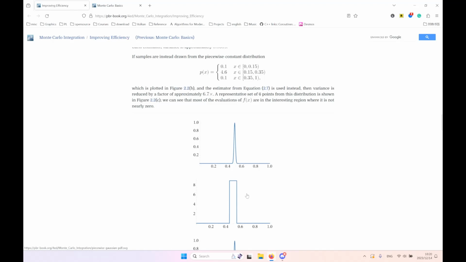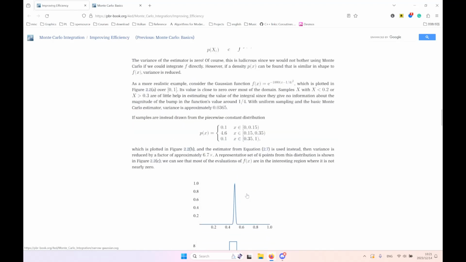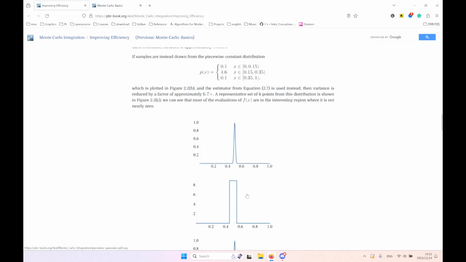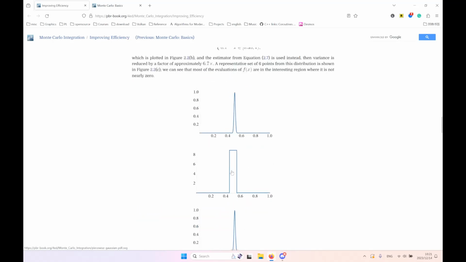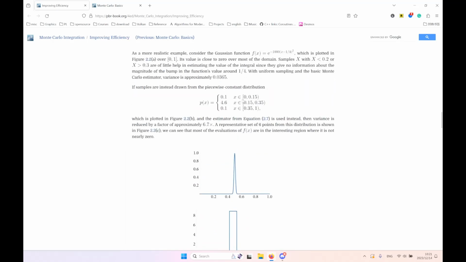I don't know if it was a typo or whether they were still intentionally choosing an imperfect PDF but had a similar shape. I feel like it's a typo because on the graph it covers the spike, so they probably wanted to just cover it. The graph perfectly covers the spike, so I didn't even realize something was wrong here.